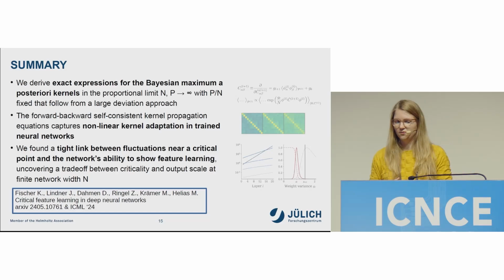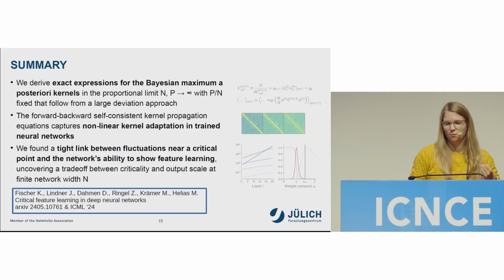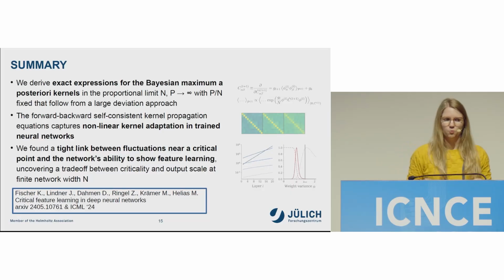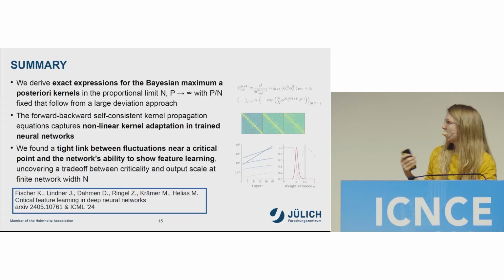And more interestingly, we find that there's a trade-off between being close to this transition to chaos, or also called criticality, and the output scale of the network, leading to different optimal values for optimal kernel target alignment.